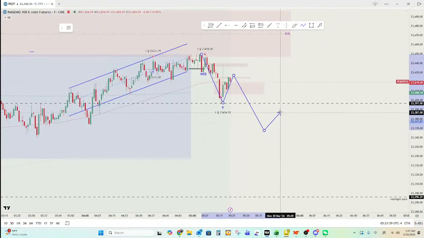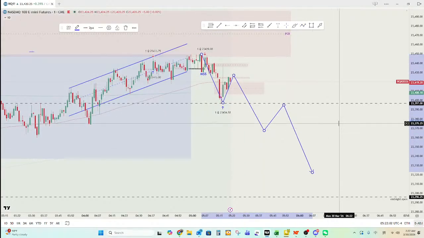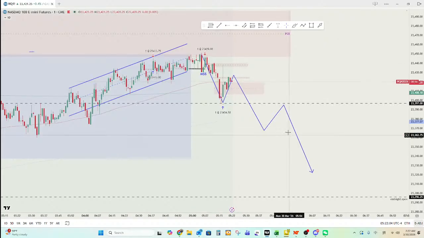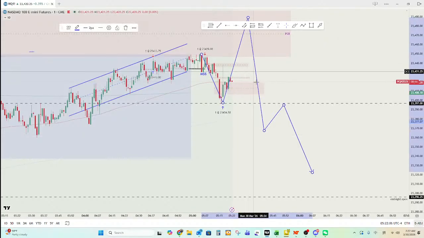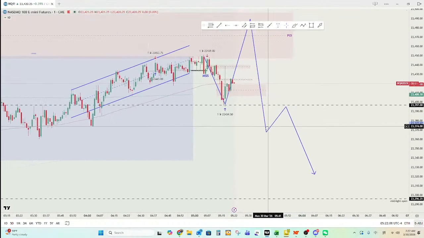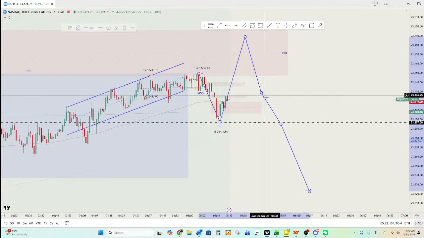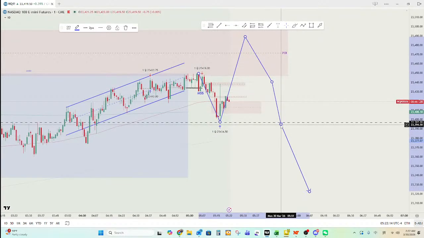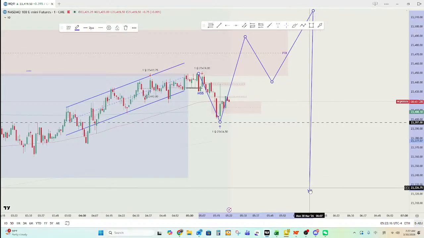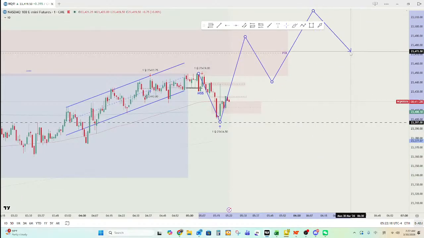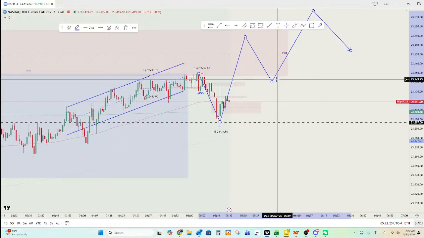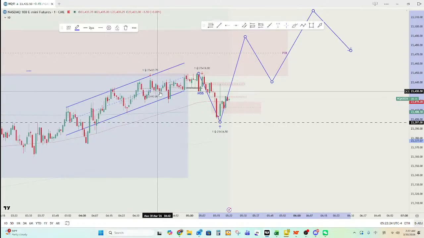This, or it's more like this, or it keeps making a higher high, higher low, like that. So there are different probabilities.